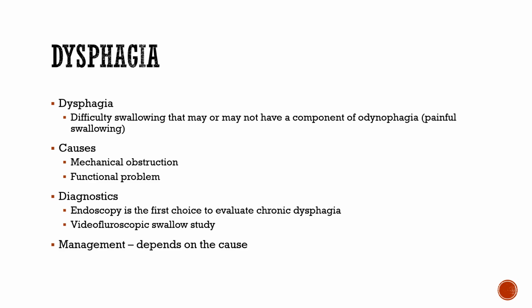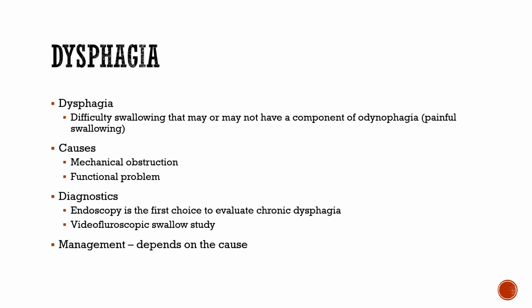Mechanical obstruction usually has to do with the structures of the mouth, the throat, the esophagus, while functional problems tend to be neurologic or muscular. So think of Parkinson's or multiple sclerosis or ALS. Other problems can include psychological, such as acute anxiety or panic. These impair motility. That means the movement of the food from the mouth to the stomach.